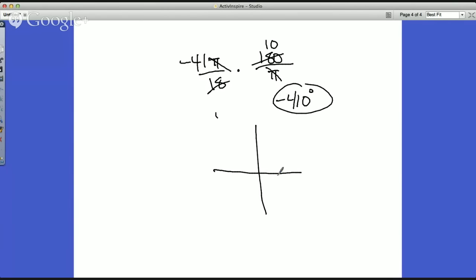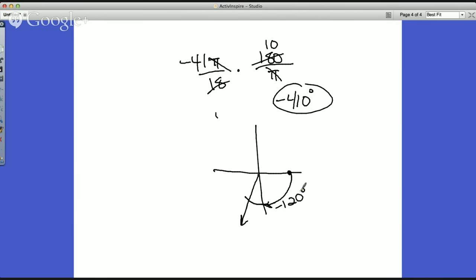All right, next one is negative 120. It says sketch it in standard position. Well, if I start at my original spot over on the outside on the axis, I know I could go negative 90 this way. So if I go negative 90 and then combine another negative 30, I'll continue here, and this will be negative 120 degrees.